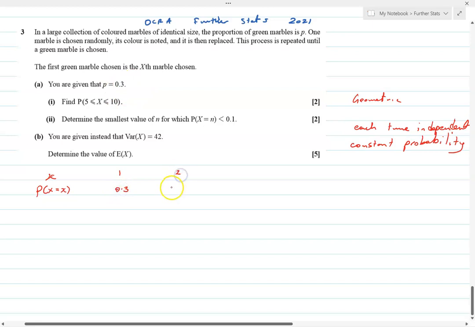For 2, we would have to get it not green the first time, but green the second time. And to get the value 3, we need to have not got a green the first 2 times and then got it the third time, and so on.